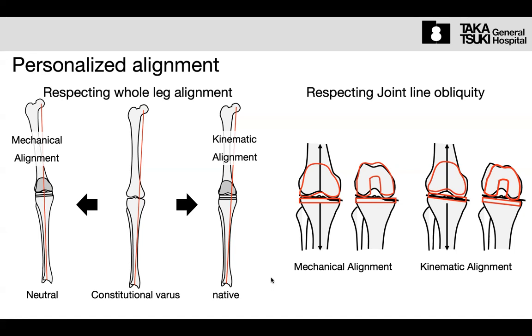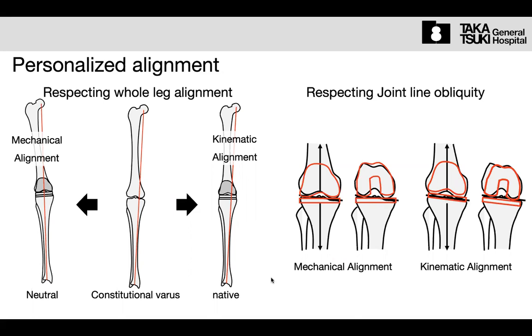In mechanical alignment, in all patients, components are implanted perpendicular to the mechanical axis. On the other hand, in kinematic alignment, the components are set parallel to the joint line. Even if the joint line is very steep, varus or with posterior slope, true kinematic alignment follows the native alignment. So that is quite different.